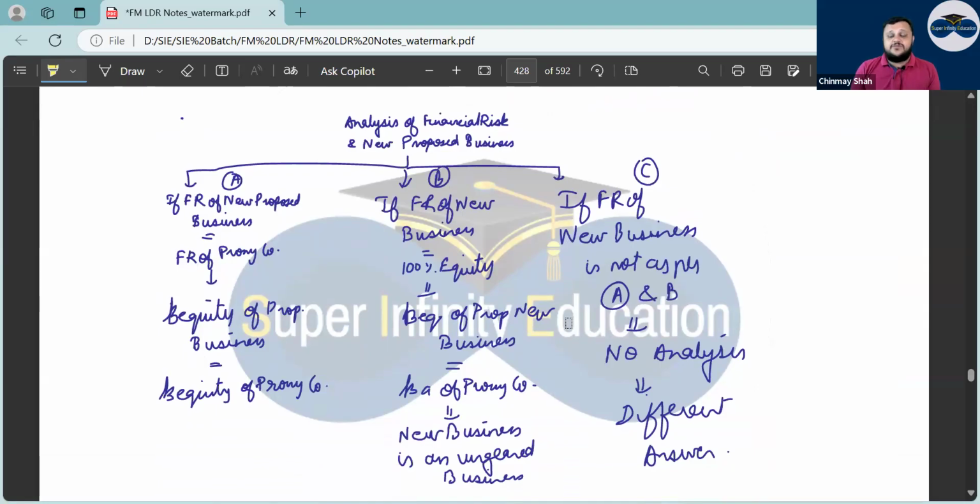If financial risk of the new proposed business is equal to financial risk of the proxy company, then beta equity of the proxy company will be equal to beta equity of the main company, correct or not? If financial risk of the new business is equal to 100% equity, in that case, beta asset will only be beta of equity. Work finished. New business and ungeared business. Other than that, there will be different answers.